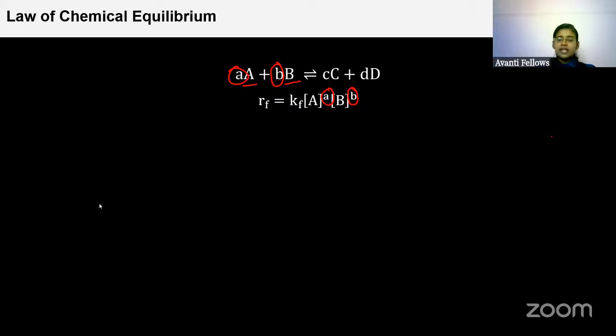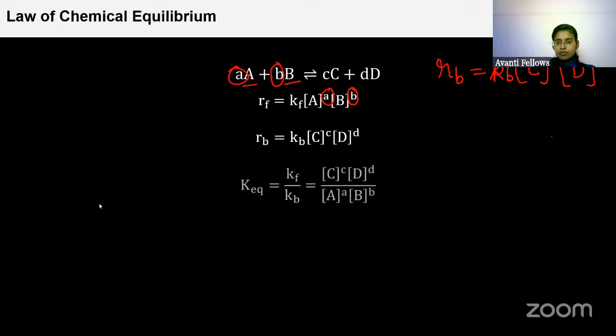Then for the backward reaction, what will be the case? If I want to write Rb, how do I have to write? It is Kb into the concentration of C raised to the power c and the concentration of D raised to the power d. This is Rb, the rate of the backward reaction. Now, if I want to write Keq, the equilibrium constant, then it is Kf by Kb, right?